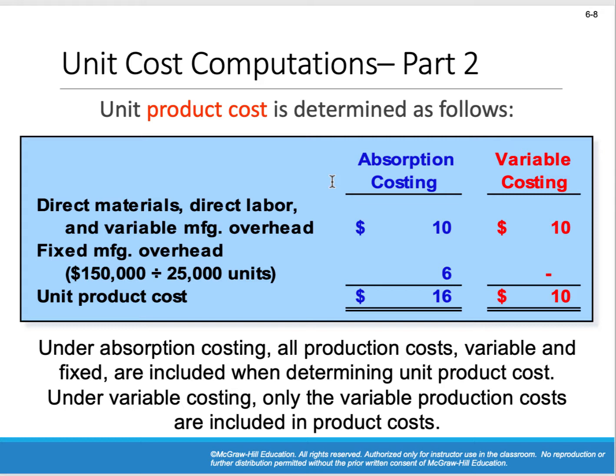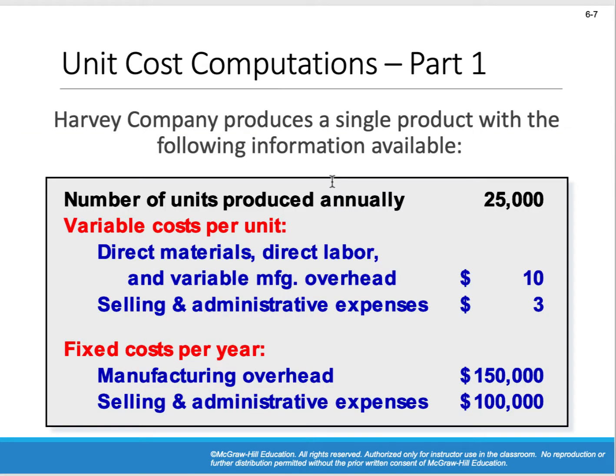Well, under absorption costing, notice what we have. Direct materials, direct labor, variable manufacturing overhead, $10 per unit. Okay, that's the same under the absorption method and the variable costing method. Then we get to the fixed manufacturing overhead cost. We need to figure out the per unit cost. Okay, very easy to do. I'm going to go back a slide for a second. They said that the total fixed manufacturing overhead cost was $150,000.